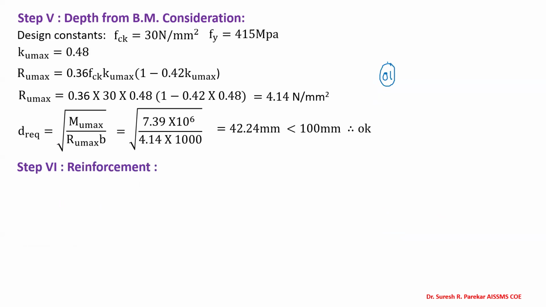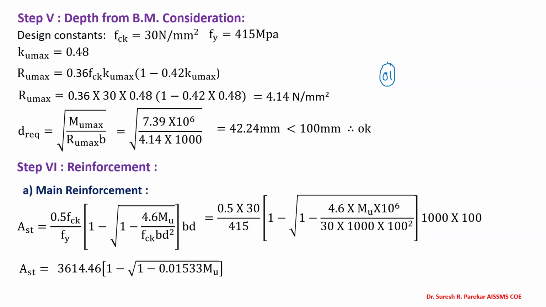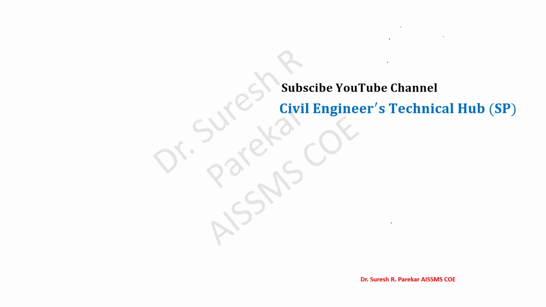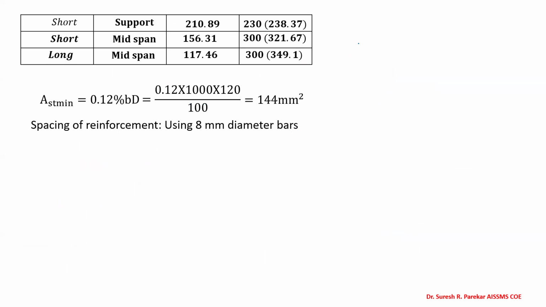Then we can have reinforcement. So we have calculated now reinforcement, that is for both. And then we have 1 mark over here. And then we have to show the diagram. For showing the diagram, we have 2 marks.